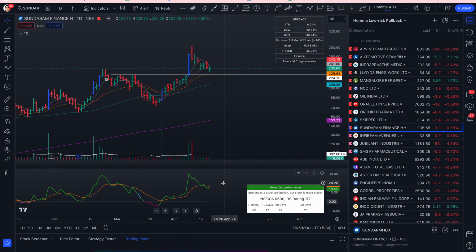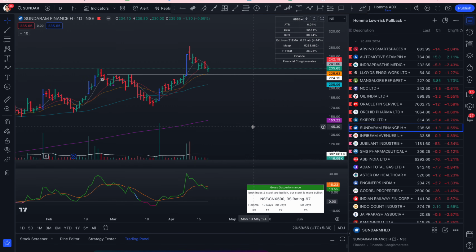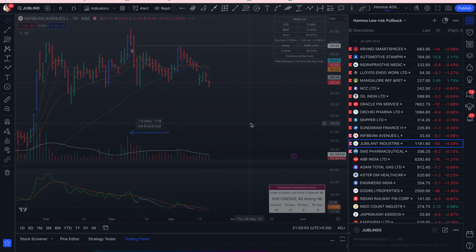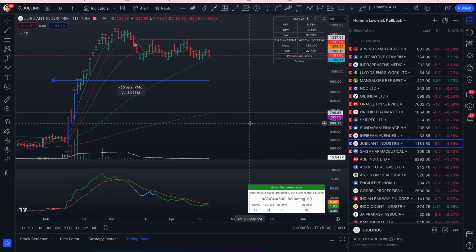Always remember this, guys. Mars has to point up. Really nice. Infibeam, we don't look at. Gone below zero, gone below 50, we don't look. Jubilant Industries, one of the best low risk setups right now in the market.